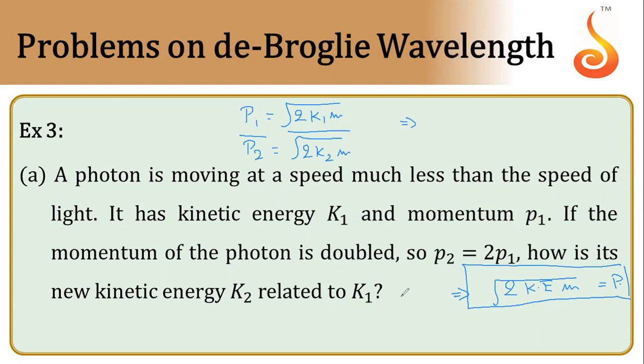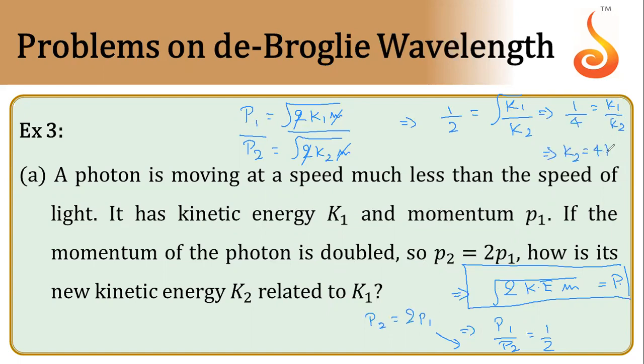It is given that p2 is equal to 2 p1, or you can say p1 by p2 is equal to half. M will get cancelled, 2 will get cancelled, so half is equal to root of k1 by k2. Squaring both sides, 1 by 4 is equal to k1 by k2, or k2 is 4 times k1. So that's our answer.